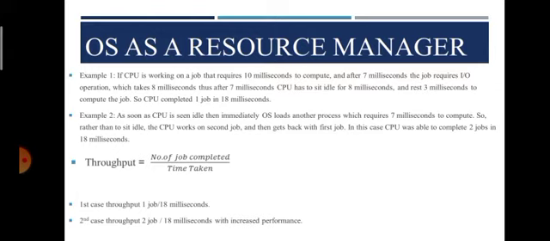Once the previous job's input and output operation is completed, the CPU will switch over to the first job, complete it, and then come back to the second job. So simultaneously it will be working with two jobs at a time. Therefore the CPU is saving time and was able to complete two jobs in 18 milliseconds.